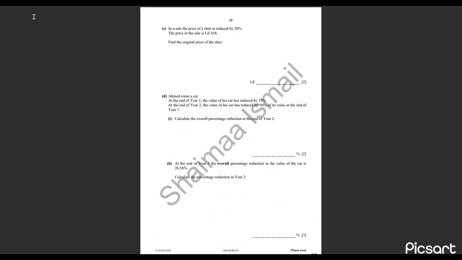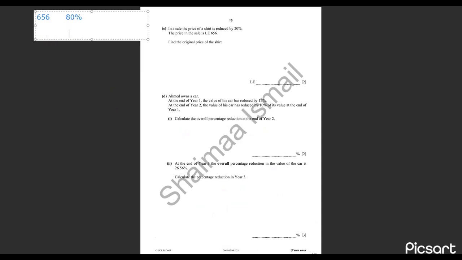In a sale, a shirt has been reduced by 20%. So the price of sale is 656. So 656 is the price here of 80%, which is 100 minus the 20%, after reduction. So if you need to know the 100%, the original price, we just make a cross multiplication.